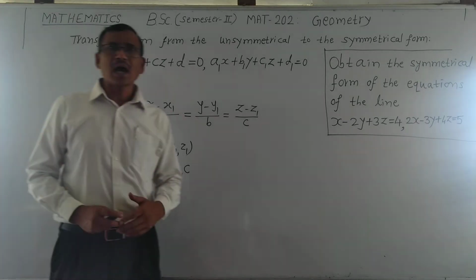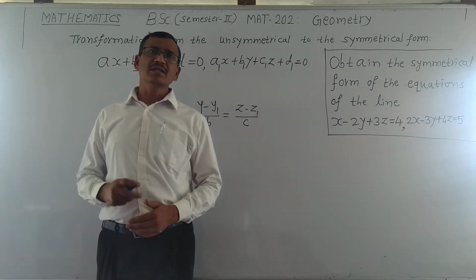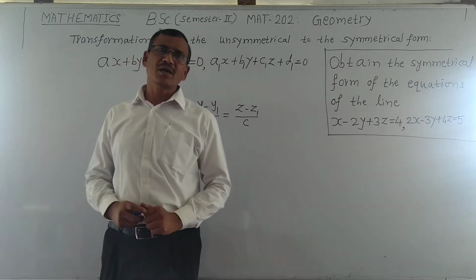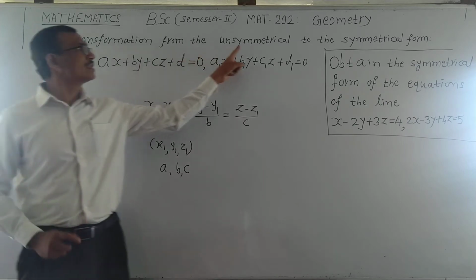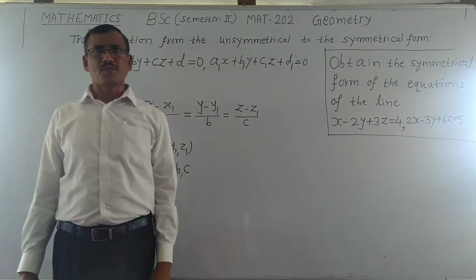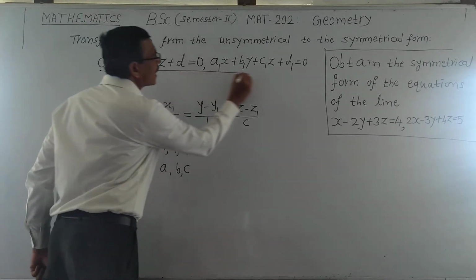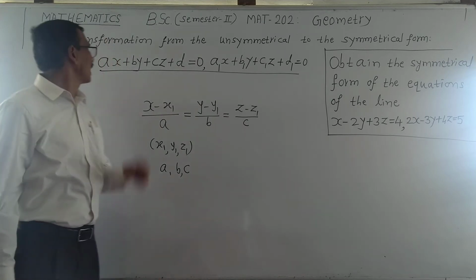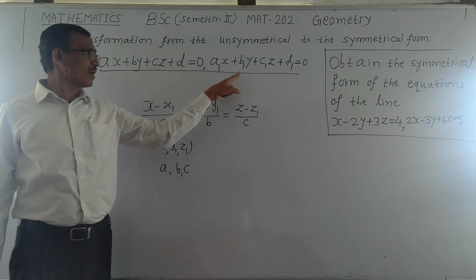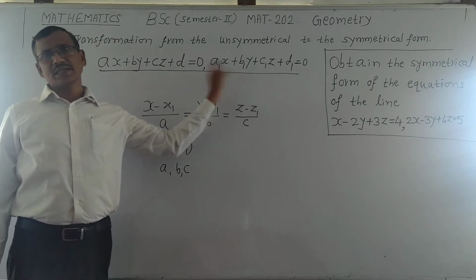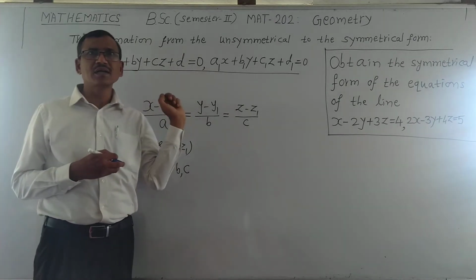Today we shall see how we can convert the equation of a line which is given in unsymmetrical form to the symmetrical form. That means today's article is transformation from the unsymmetrical to the symmetrical form. Suppose the equation of the line is given as ax + by + cz + d = 0, a1x + b1y + c1z + d1 = 0, and we have to transform this into the symmetrical form.